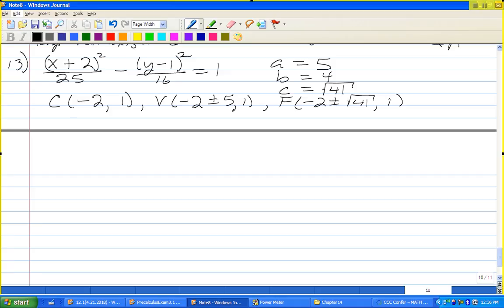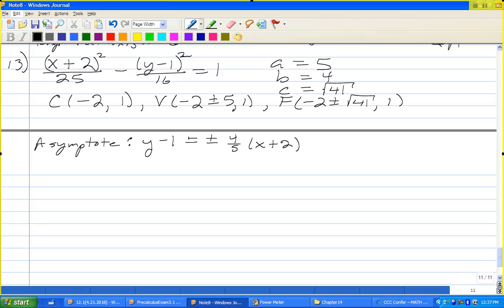The asymptote, maybe I'll put it on the next page. So the asymptote y minus 1 equals plus or minus 4/5 x plus 2.